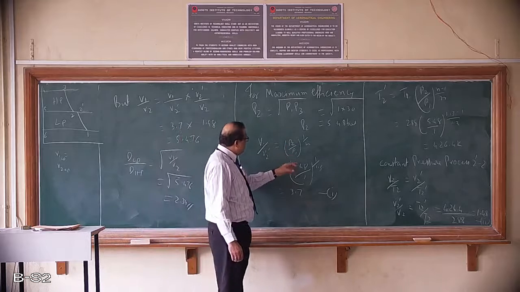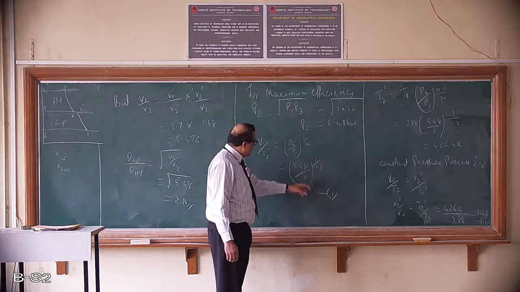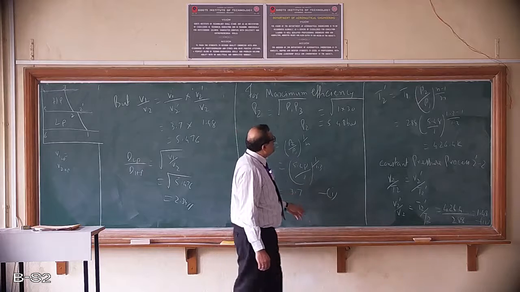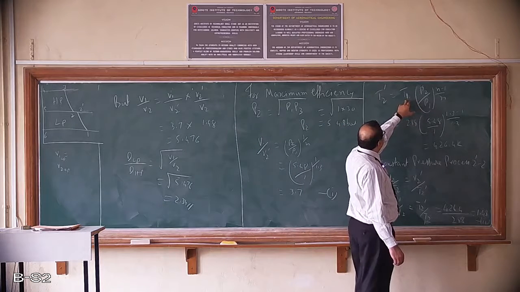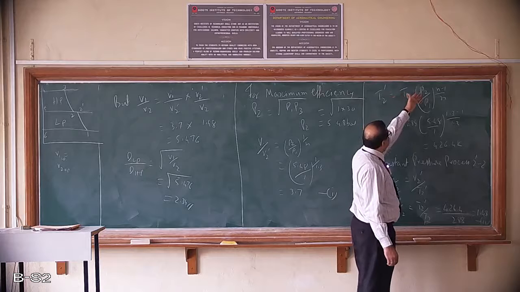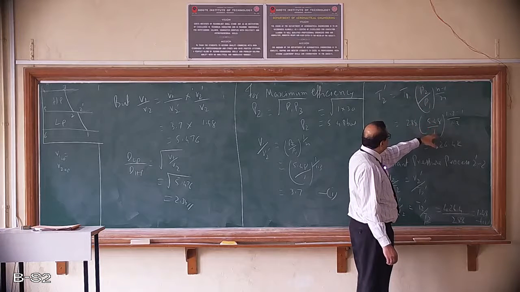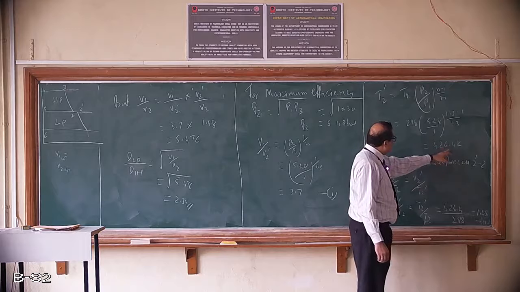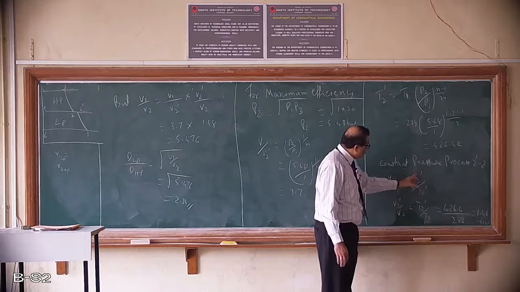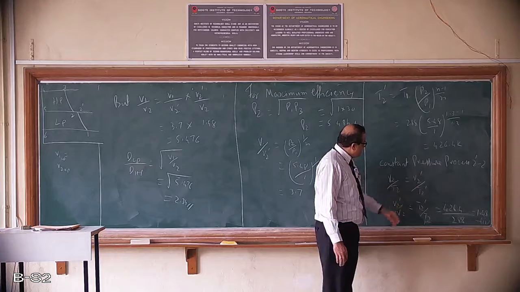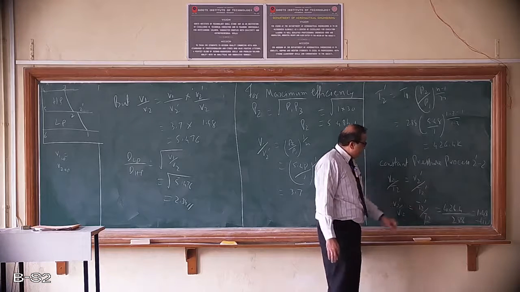So P2 dash by P1 is 5.48, so 3.7. We know T2 dash is equal to T1, or you can take it as T2 into P2 by P1 to the power of n minus 1 by n. So we get it as 426.4 Kelvin. So substitute V2 by T2 is equal to V2 dash by T2 dash for the constant pressure process. So V2 dash by V2 we want, so we calculate that.